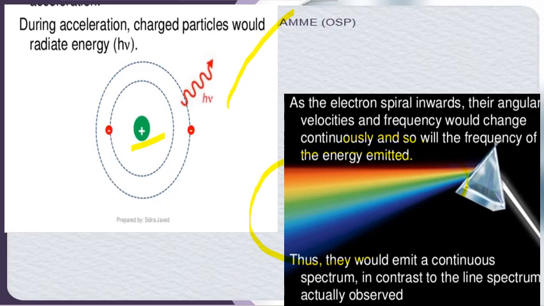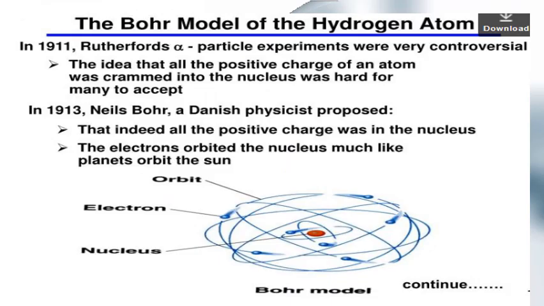Then, the Rutherford atomic model was presented on the basis of the experiment in 1911. That was controversial at that time, as it was not acceptable that all the positive charge resides in the nucleus. The defects that were found were removed by another physicist, the Danish scientist Niels Bohr, in 1913, who proposed an atomic model.